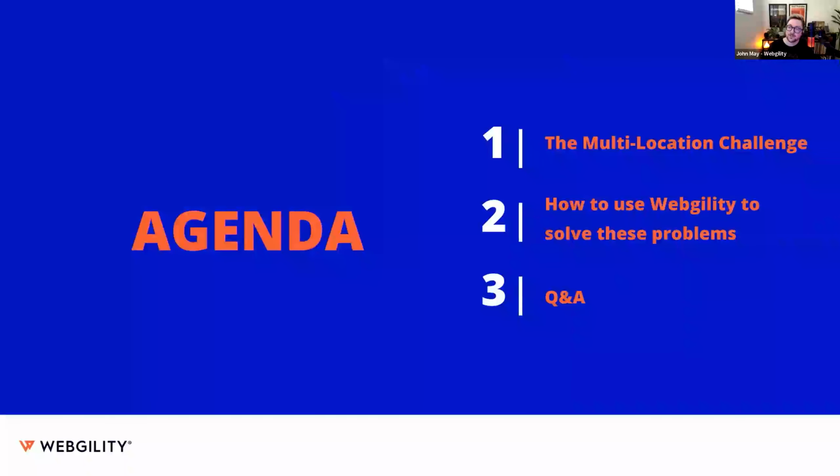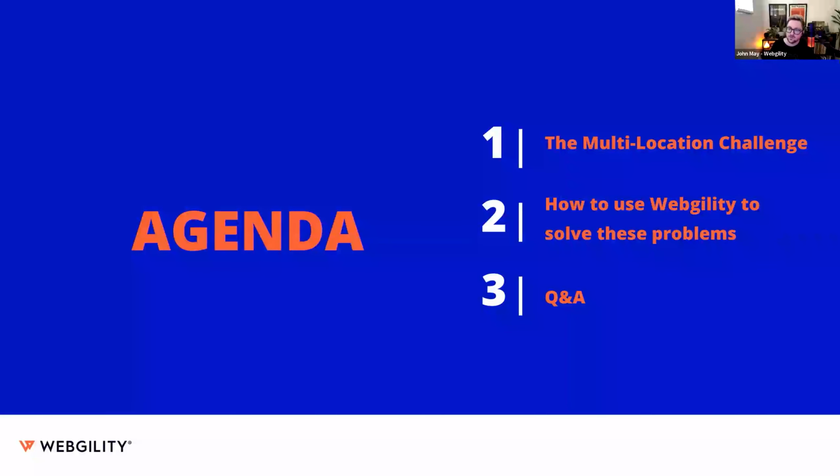On the agenda for today, I'll, as always, do a quick preamble to the conversation, to talk about why we're even having the webinar. It should be really quick, just to get through the challenges that multiple locations add to your accounting workflow. Then I'll hand it over to Manish, where we'll talk through some scenarios, some workflows that businesses might use with multiple locations and how they can impact your business differently.